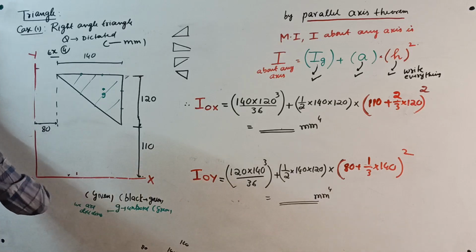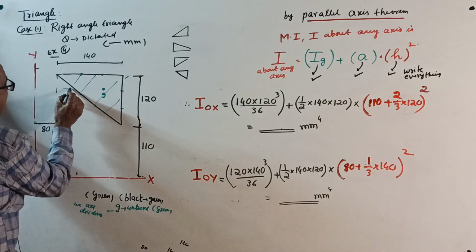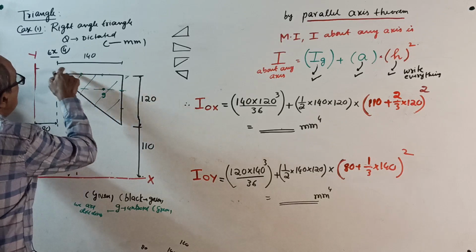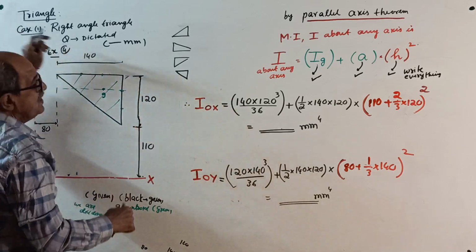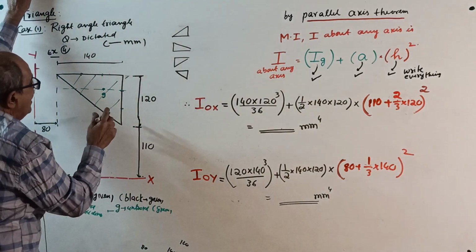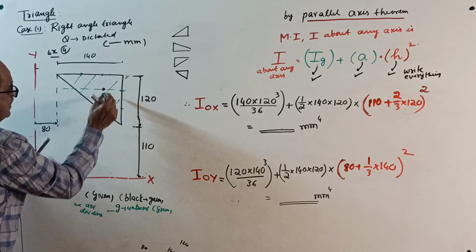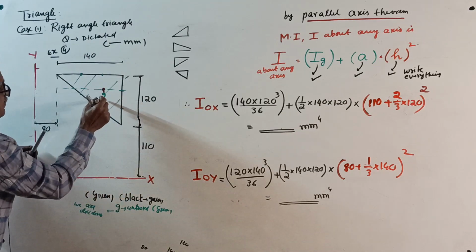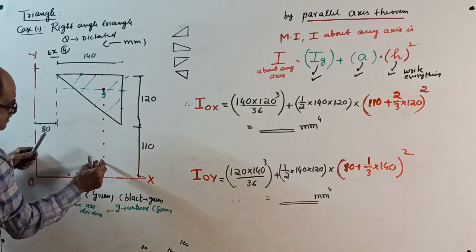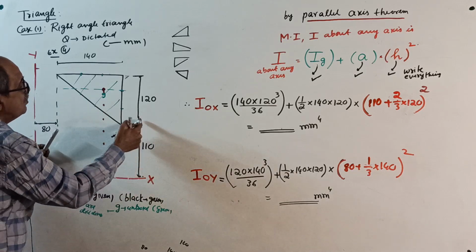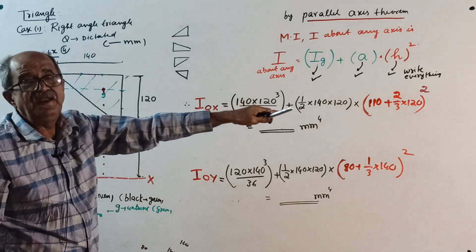Start. First, I about OX. First, I about its own centroidal axis. 140 into 120 cube by 36 plus area, half base height, into the perpendicular distance from centroid to this axis, squared. This distance is 110 plus 2/3 of 120. Once again same.